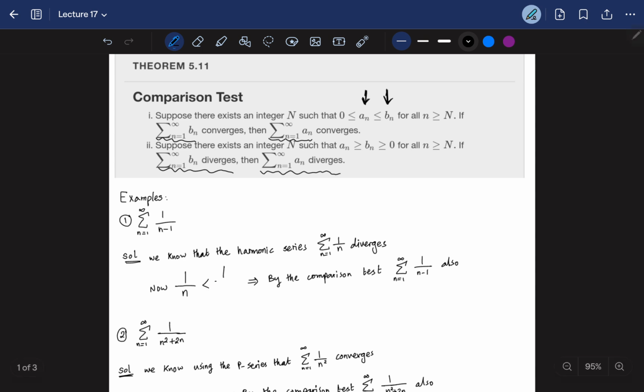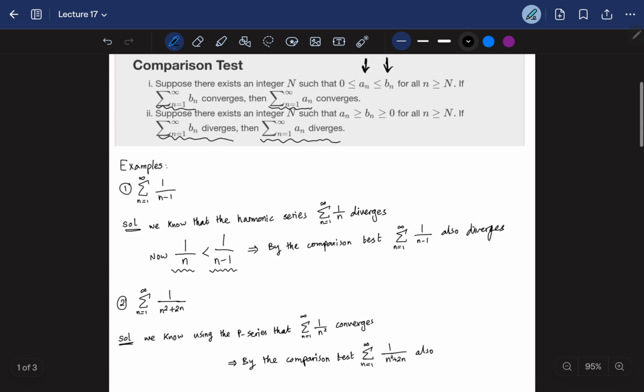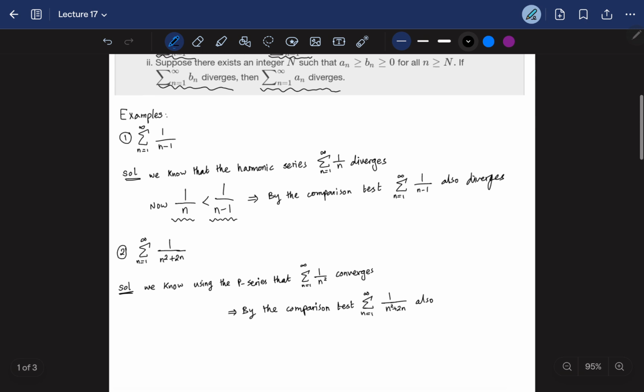So if I make it smaller by subtracting 1, this fraction is bigger. So by the comparison test, if a smaller series diverges, then the bigger series also diverges. That's it. Let's try it with the next example.